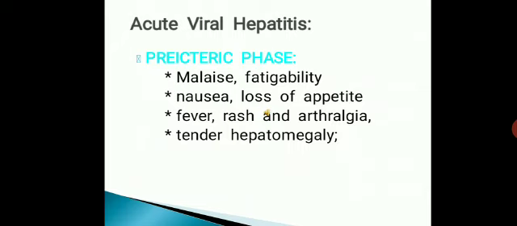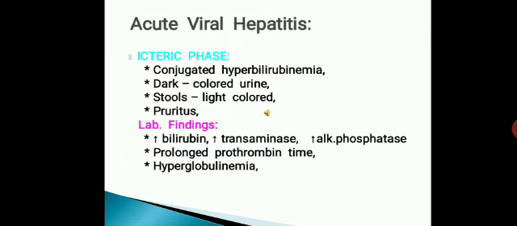This is characterized by malaise, fatigability, nausea, loss of appetite, fever, rash and arthralgia, and tender hepatomegaly. Icteric phase is characterized by conjugated hyperbilirubinemia, dark colored urine, light colored stool, and there can be pruritus, itching.